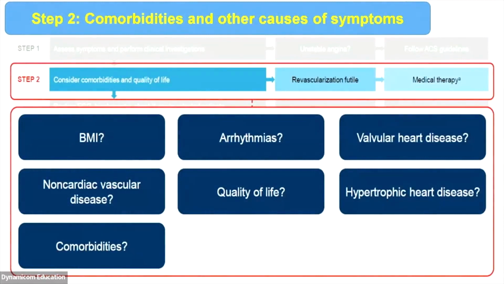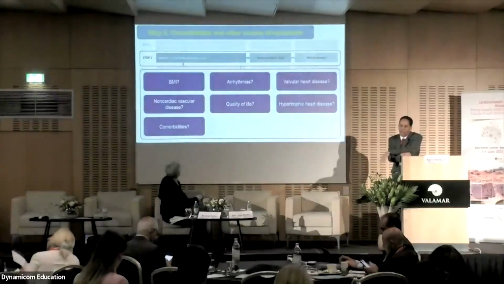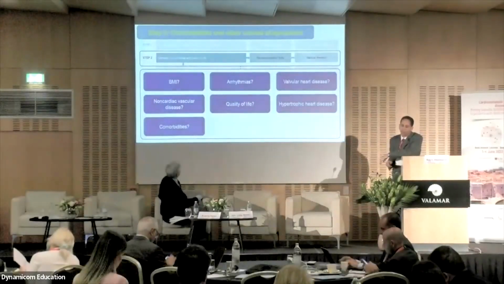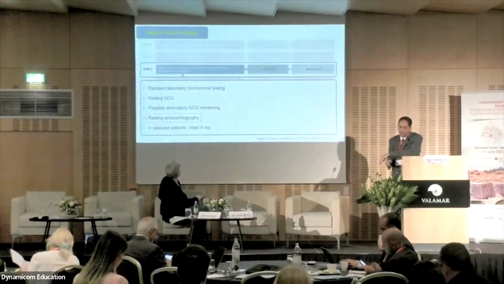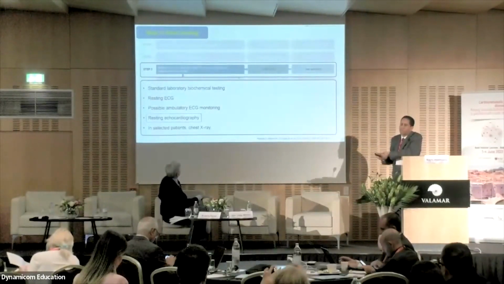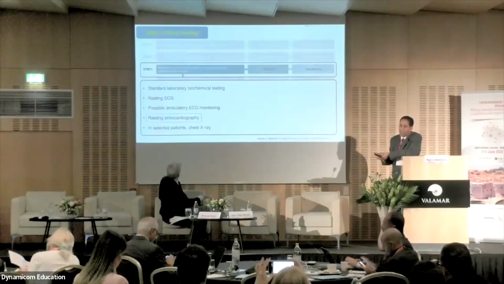For comorbidities like obesity, non-cardiac vascular disease, CKD, arrhythmias, quality of life, valvular heart disease, all these comorbidities should be identified. Then go to the investigations, starting with the basic laboratory and biochemical tests, kidney functions, rule out diabetes, resting ECG, and the possible ambulatory 24-hour ECG monitoring in patients who have suspected arrhythmias as well.